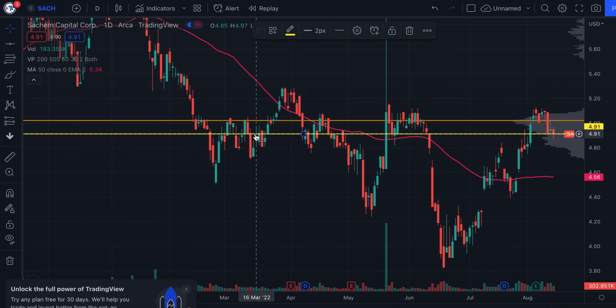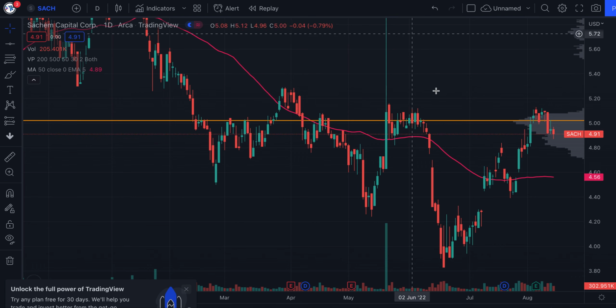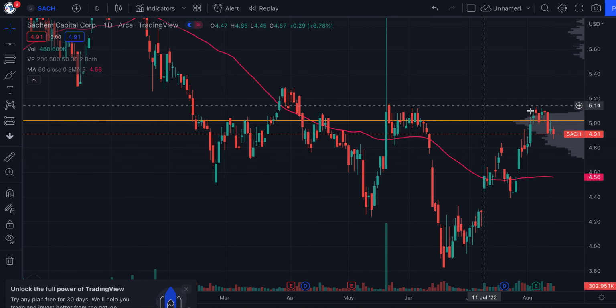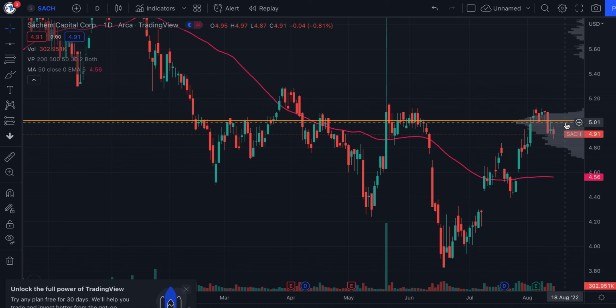Now, the moment where I started to notice that this was not okay was, if you look over here, this I have right here is a volume profile. The volume profile basically tells you what level has the most trading volume for a particular price chart.